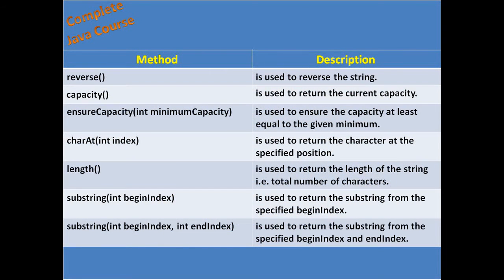Then the reverse method, capacity method, ensureCapacity method, charAt method to find the character from a specified index, length method, substring method, and substring method from the begin and end index. These are the most commonly used methods.